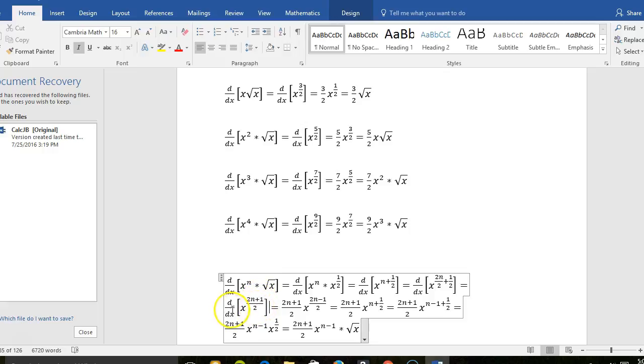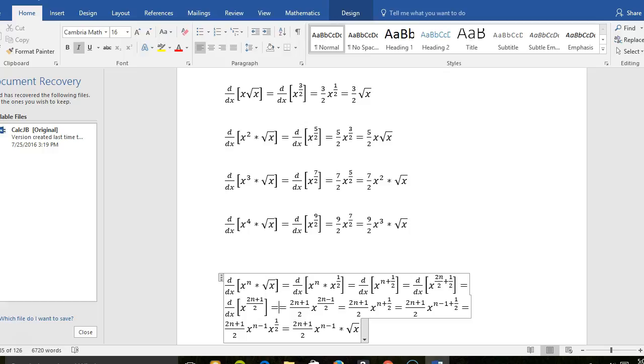And then you do the derivative. Again, the 2n plus 1 over 2 comes down, and then you get x to the 2n minus 1 over 2. Indeed, I subtract 1 off the exponent and I get this. If you find that less than obvious, here are the steps I skipped.